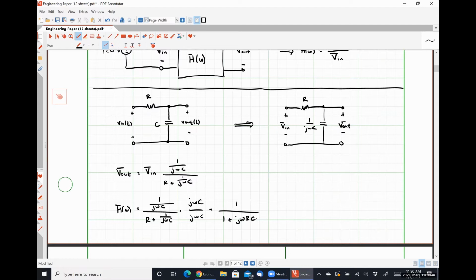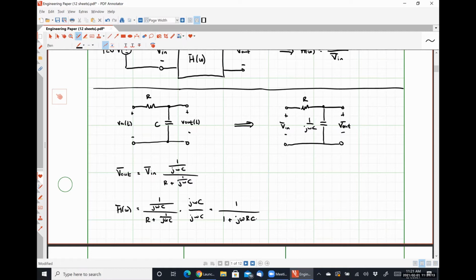If we wanted to know the frequency response specifically, we would need to take the magnitude of this, which we can do pretty easily, and I'll walk us through it momentarily. Looking at a plot of the magnitude of our transfer function as a function of omega will tell us exactly what type of filter this is.